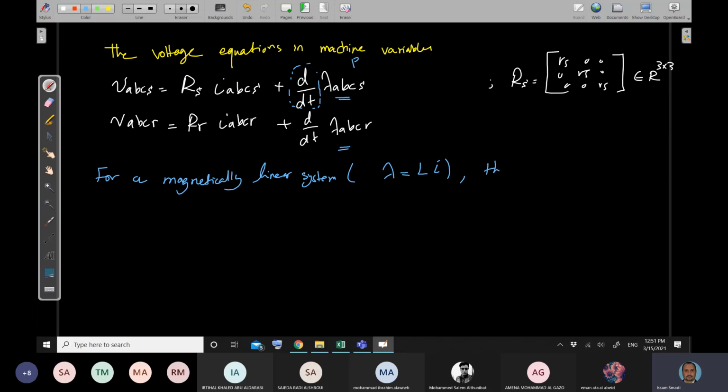So the flux linkage can be written as follows. Now in general here I need to write lambda ABCS, and also I need to find lambda ABCR.